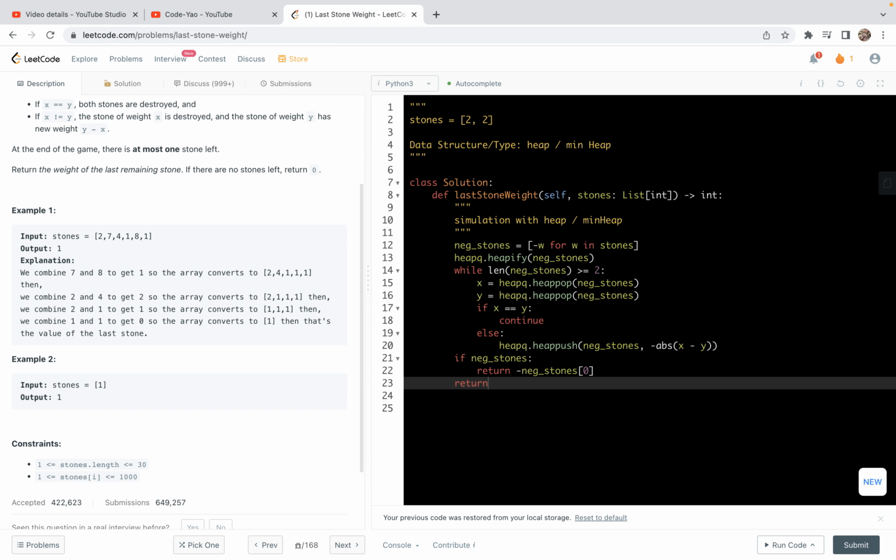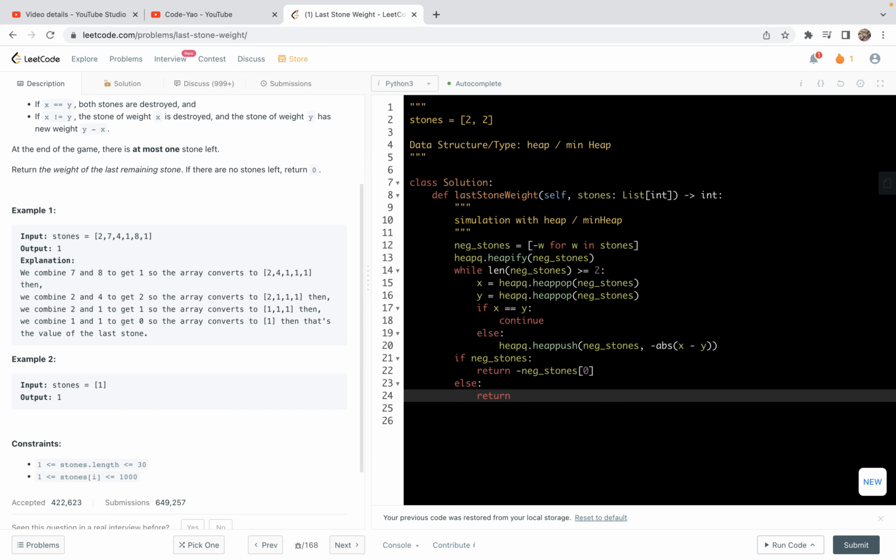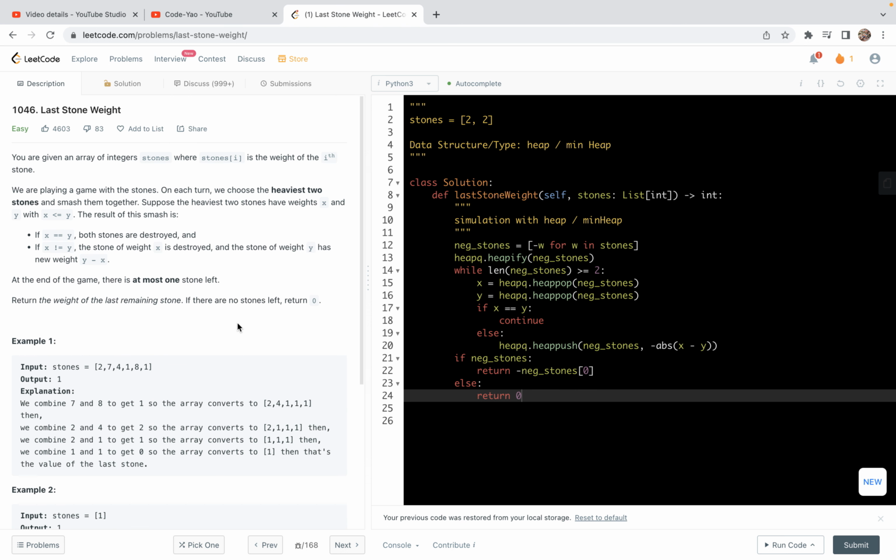You can directly return 0 or, if you like to make the logic more hierarchical, return 0 like this. So this forms a solution format to this problem.